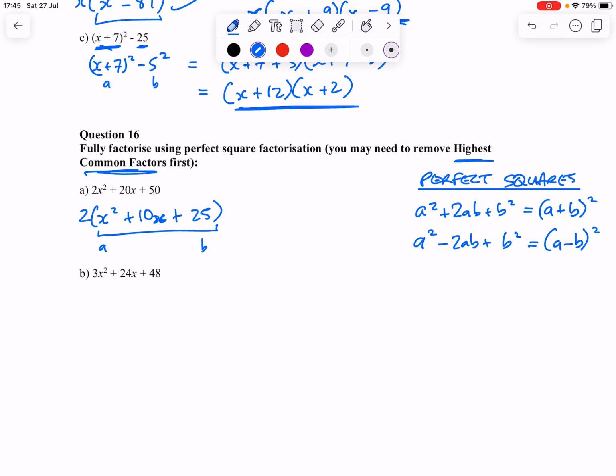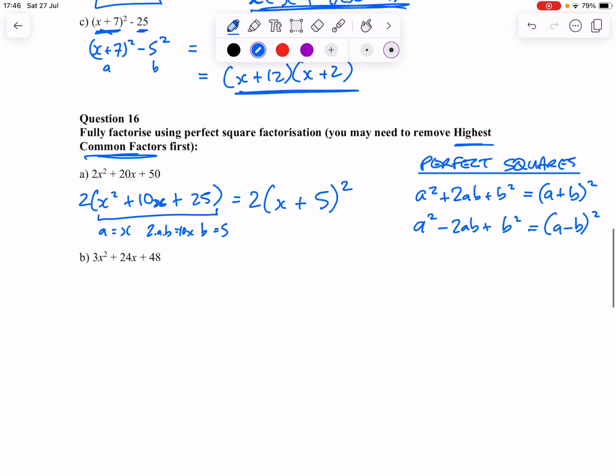B is 5, because 5 squared is 25. And then this last one, 2 times A times B. 2 times A is 2x times 5 is 10x. So that's all good. So this is perfect squares. So not forgetting the 2 on the outside, you've got A is x and B is 5 all squared.